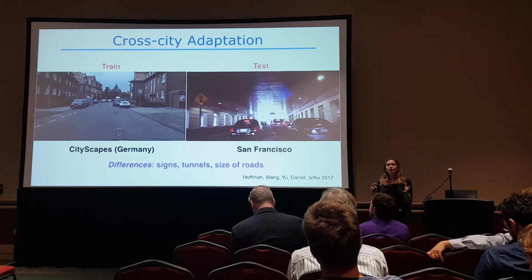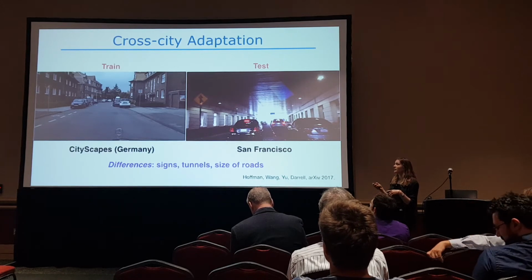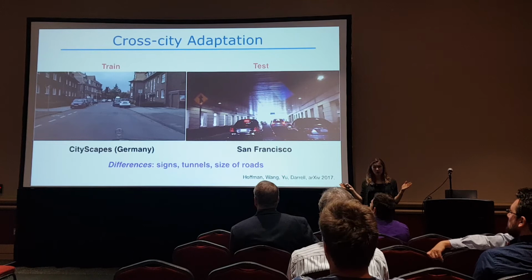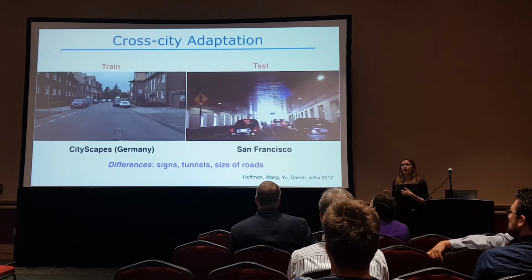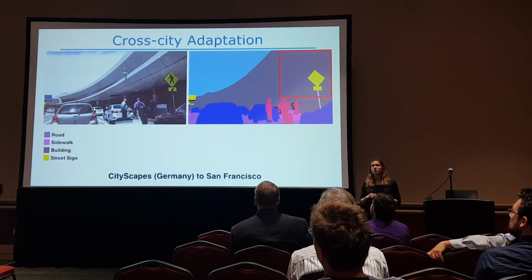Now the differences between these 2 collections of data are things like the fact that the German streets tend to have less wide lanes than the San Francisco streets. You see a different variety of cars. In San Francisco, you see more tunnels. The street signs look different between these 2 places. So I'm just going to show you one example here of a test time image in the San Francisco data set.